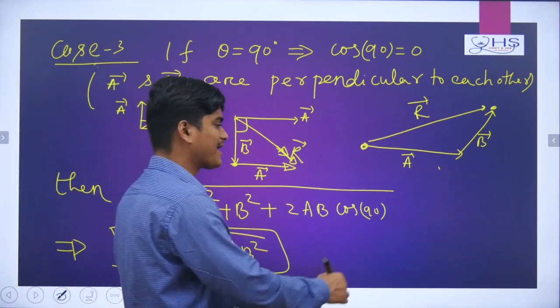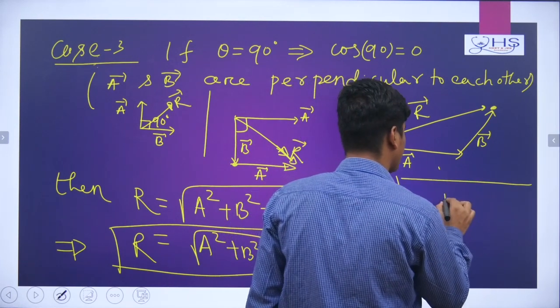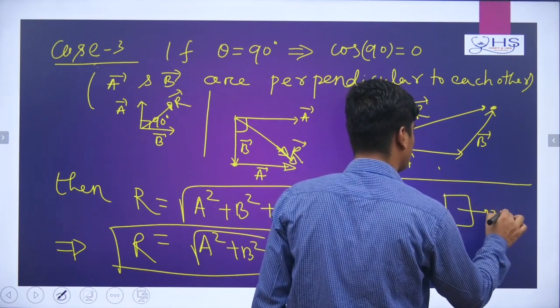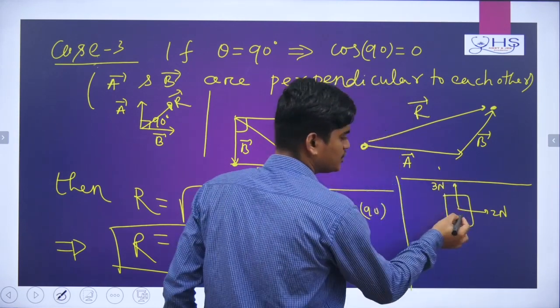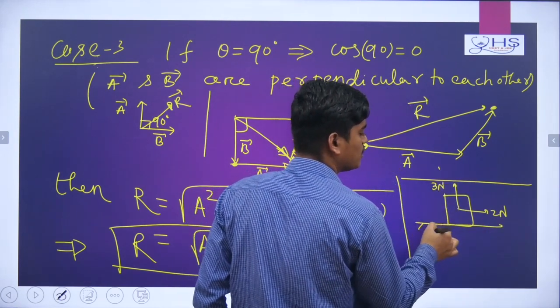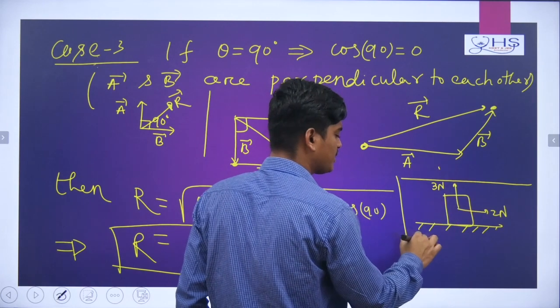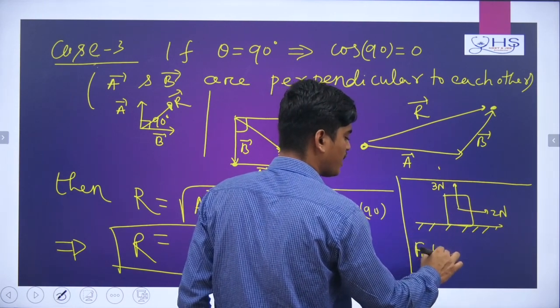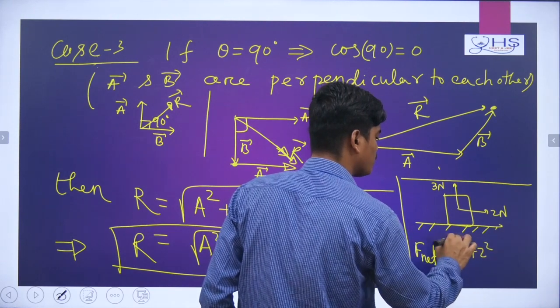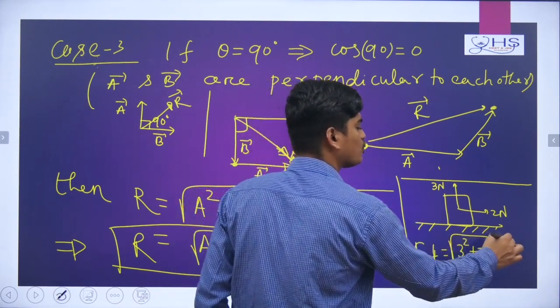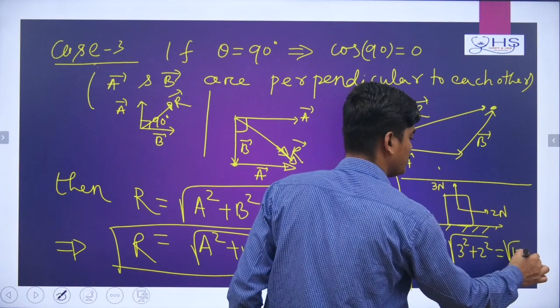Suppose a particle is acted upon by 2 Newton in this direction and 3 Newton in this direction. See, these two vectors are perpendicular to each other. Now what is the resultant force acting on the particle? The net force is the square root of 3 square plus 2 square, which is 9 plus 4, so root 13 Newton.